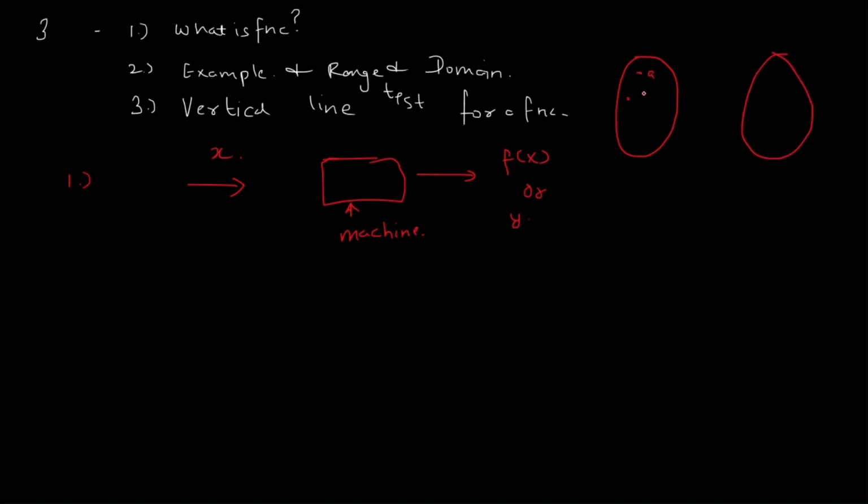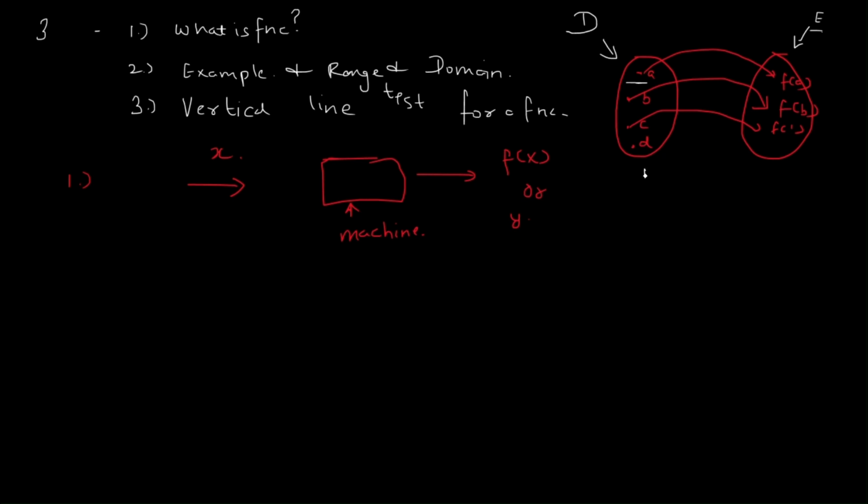This is point A, this is point B, this is point C, this is point E, and here this is f of A, this is f of B, similarly f of C. As we can see, each individual value from this set of real numbers D represents a unique value in this set of real numbers E. So this is the basic rule of a function.